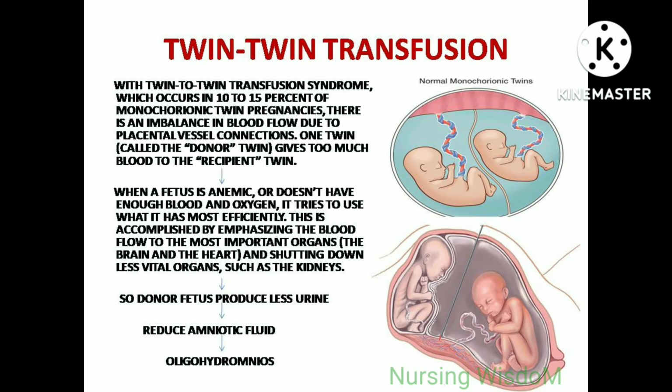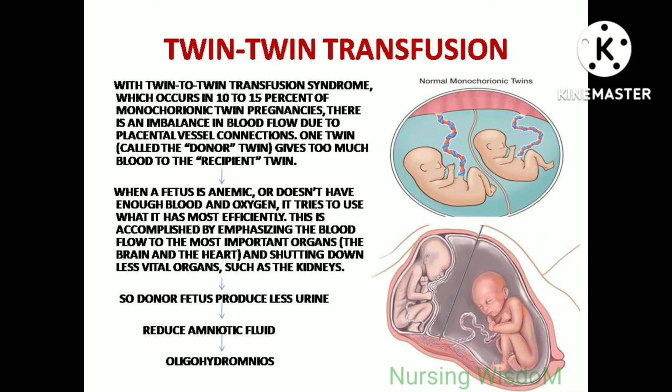Twin transfusion. With twin-to-twin transfusion syndrome, which occurs in 10 to 15% of monochorionic twin pregnancies, there is an imbalance in blood flow due to placental vessel connections. One twin, called the donor twin, gives too much blood to the recipient twin. When a fetus is anemic or doesn't have enough blood and oxygen, it tries to use what it has most efficiently.